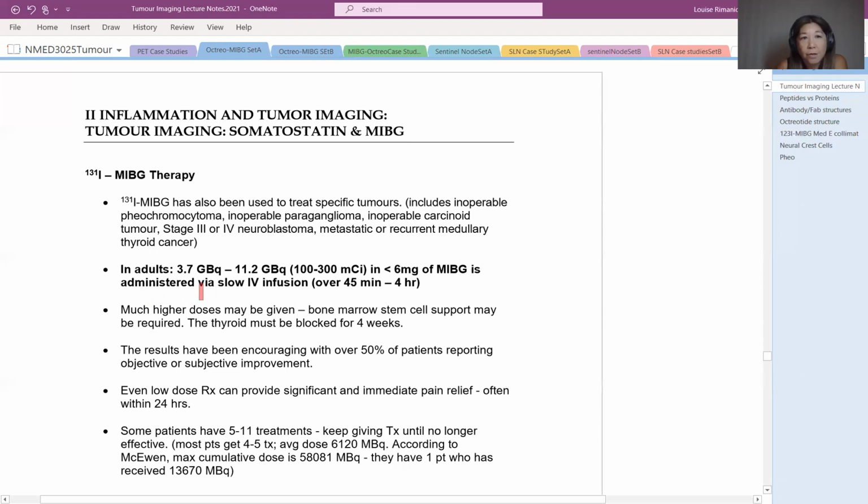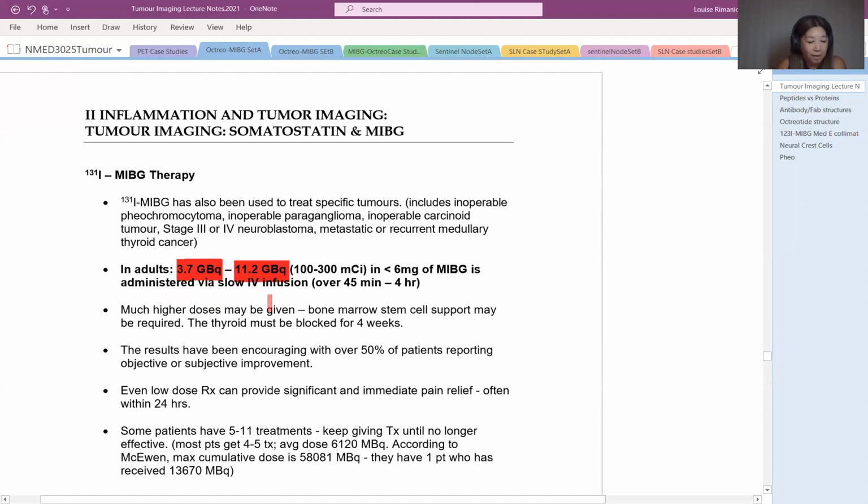So the standard dose, well, I shouldn't say standard dose because there really is not a standard dose. In adults, it can range from 3.7 gigabecquerels, right? That's a lot. And this is even more, 11.2 gigabecquerels.